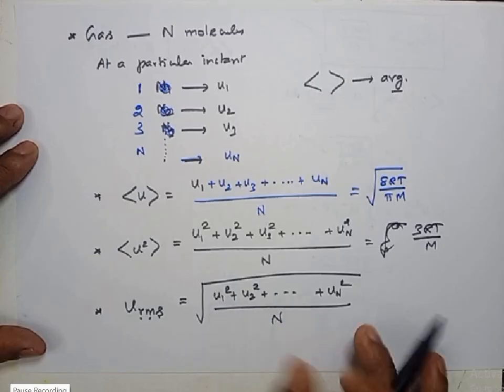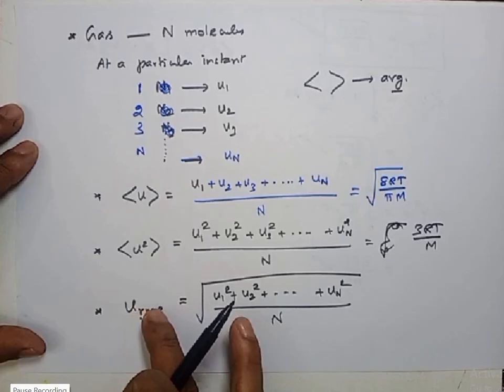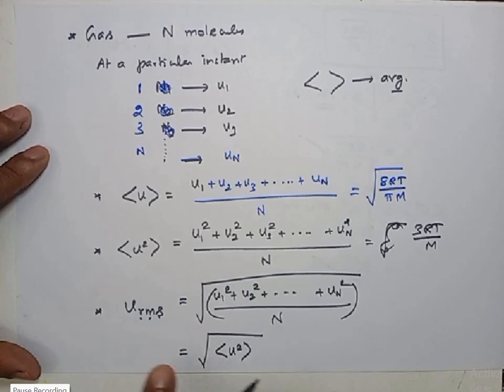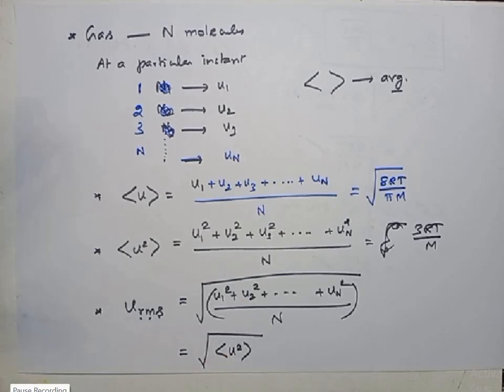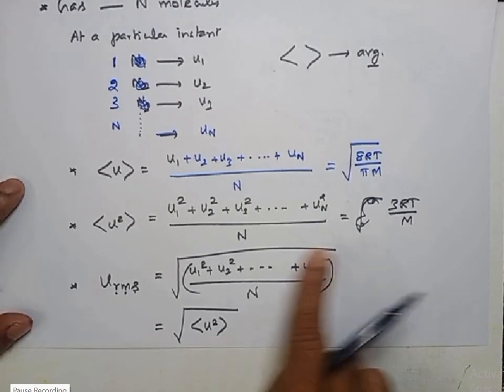This will give me the average of the square velocity, and take the square root, you'll get the root mean square velocity. I'll keep the square root as such. The content present inside the square root is nothing but the average of the square velocity. So root mean square velocity is equal to, anyone tell me? What is the average of the square velocity?